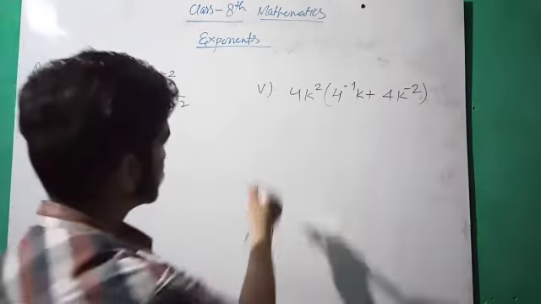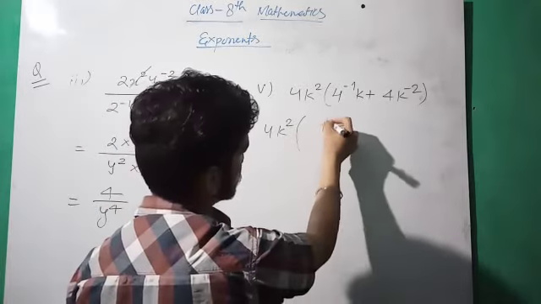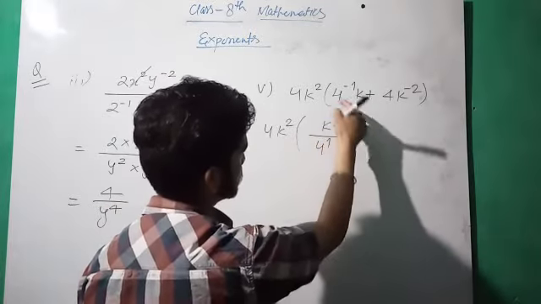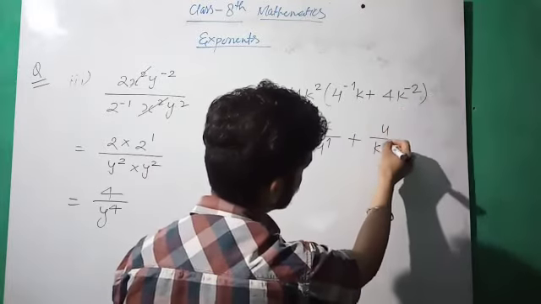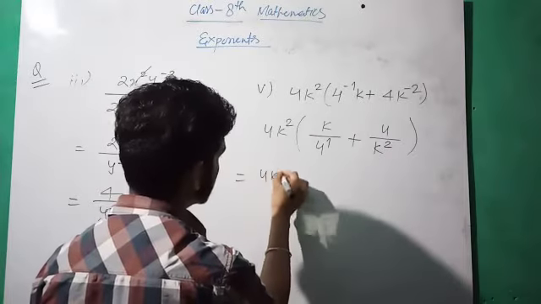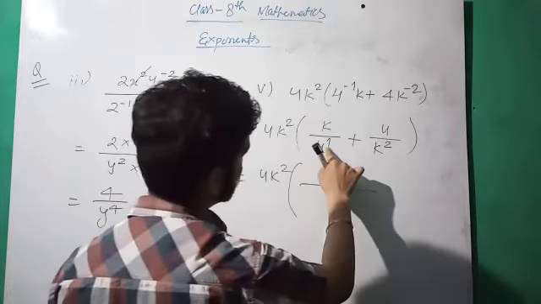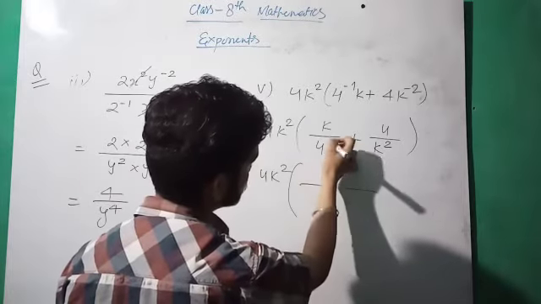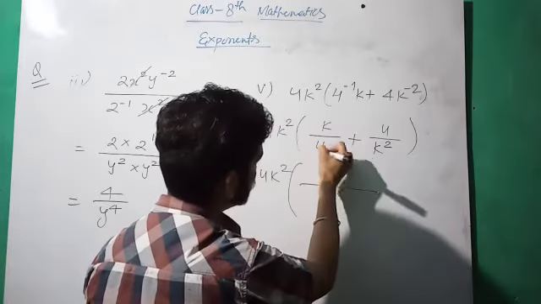Next, fourth part. 4k square, 4 to the power minus 4. So k into 4 to the power 1, plus 4 upon k to the power 2. Okay, sign change again. 4k square LCM. LCM of both numbers is 4k square, 4 to the power 1 is written as 4, 4 into k square.